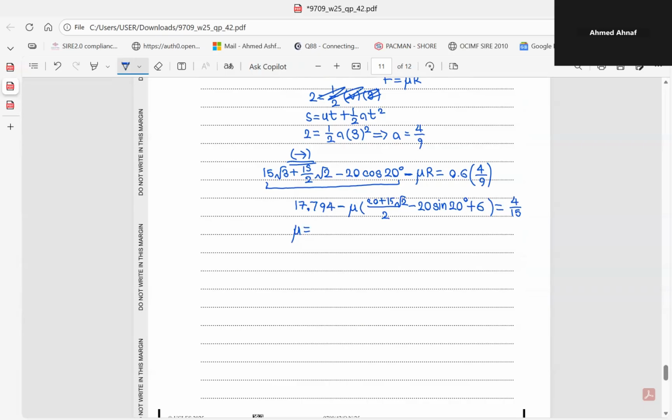Now we're just going to solve for mu. So this is going to be 17.794 minus 4 over 15, divided by this whole thing, so divided by 20 plus 15 square root 2 over 2 plus 6 minus 20 sine 20 degrees.